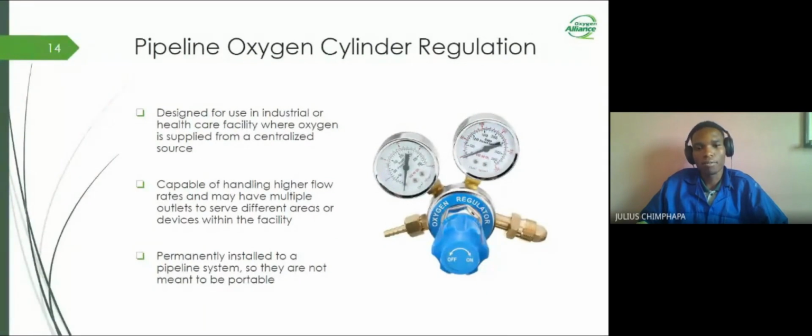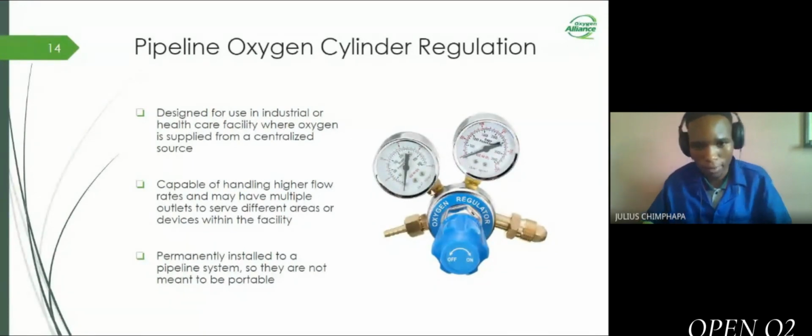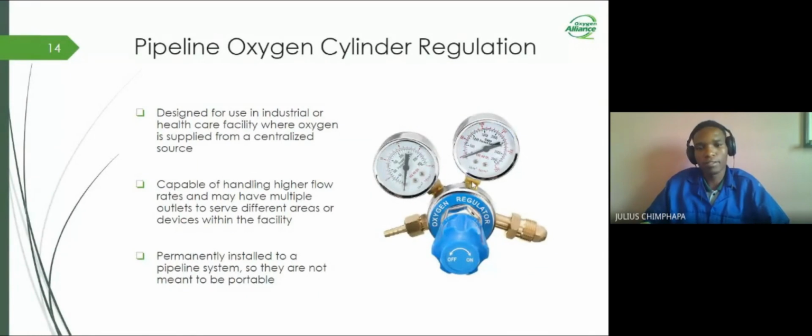As seen here, we have two pressure gauges, and this is because these gauges display different values of pressure. One gauge displays the high pressure, which is for the gas inside the cylinder, and the other one displays the gas which is coming out of the regulator. So one has to check if the values that are displayed on the pressure gauge align with what is supposed to be used, or what the cylinder has to carry in terms of the pressure.